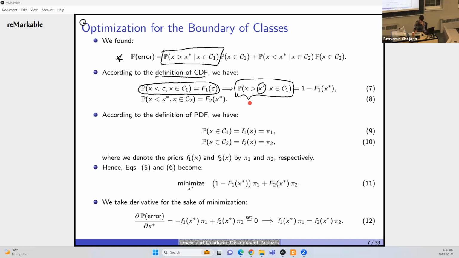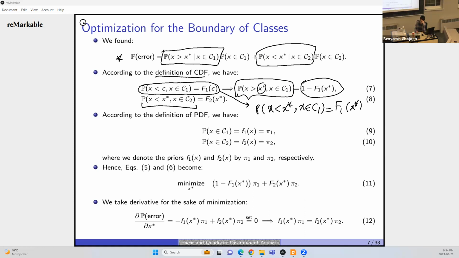So we know that the probability of X less than X star, where X belongs to C1, is F1 of X star. Therefore, the other way around is 1 minus that. Probability of X greater than X star and X belongs to C1 is 1 minus F1 of X star. What about this term? This is exactly the second CDF at X star.